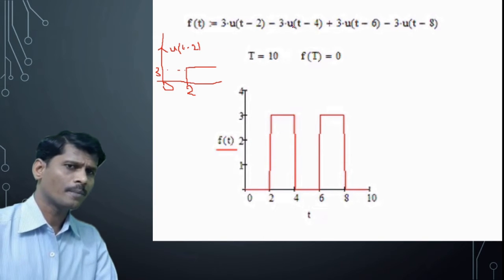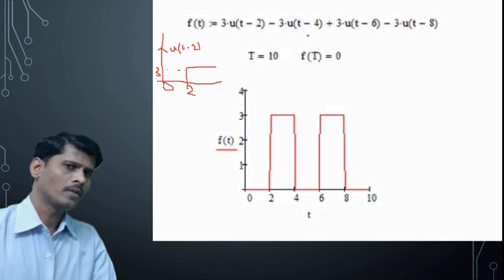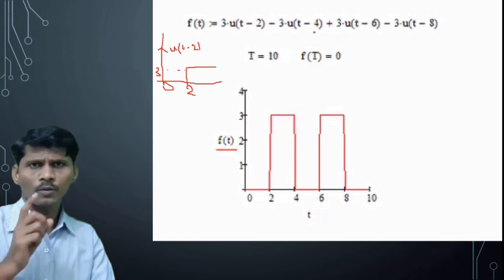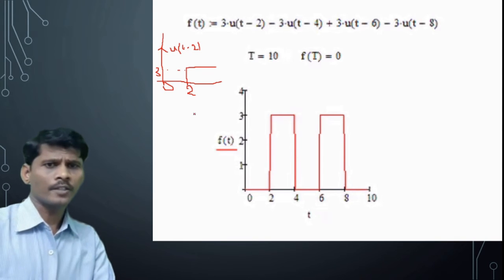Next, draw the graphical representation of 3u(t-4). Using the definition of the unit step signal, u(t-4) is equal to 1 for t greater than or equal to 4.